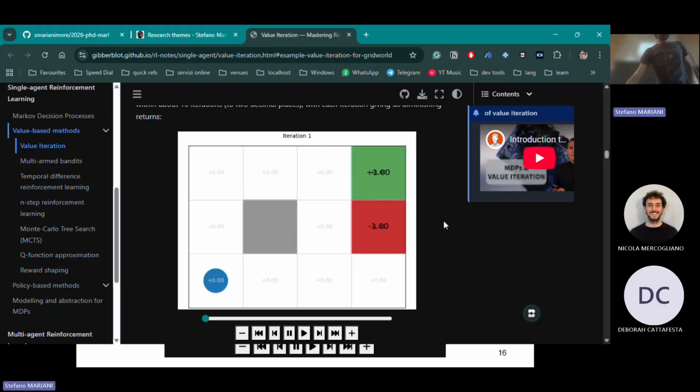So, if we click play, we see these values, and now I would say the values are stationary. They no longer change. If we click here, we go one by one. What is a step here?